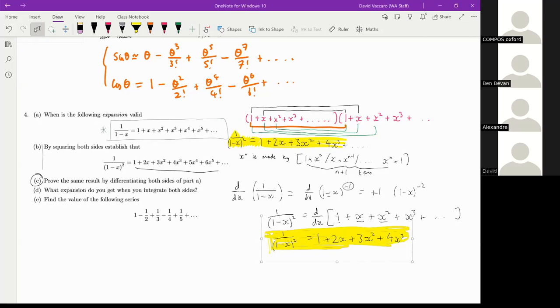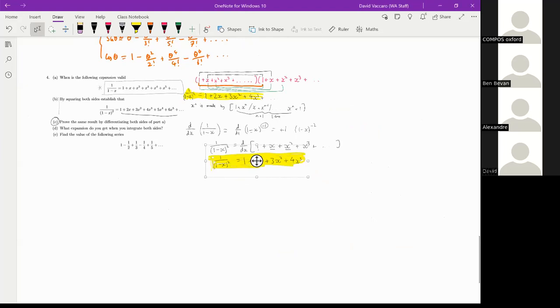Okay, before we go on with the printed questions, the next printed question will be what happens when we integrate both sides. I'm going to do an interesting bit of maths, which I hope to return to, where I'm going to prove a very familiar result in a very high-tech way.